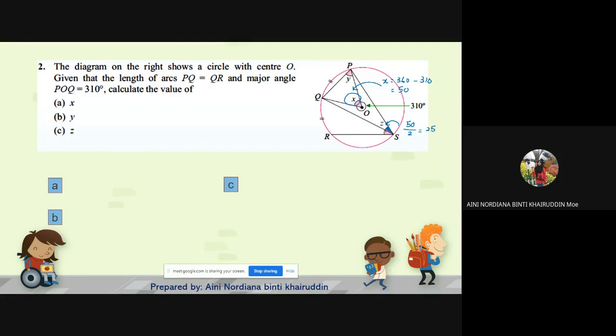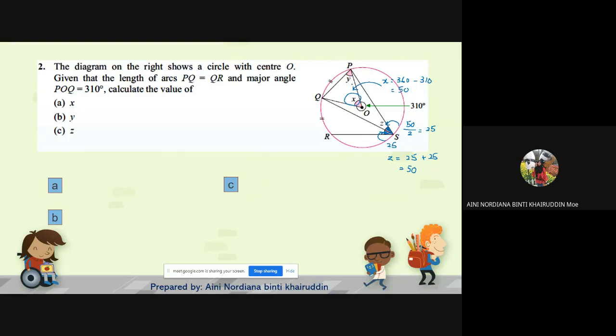This angle also 25. Why? Because QR and PQ have the same length, so the angles have the same value. So z equals to 25 plus 25, or 25 times 2 equals to 50.